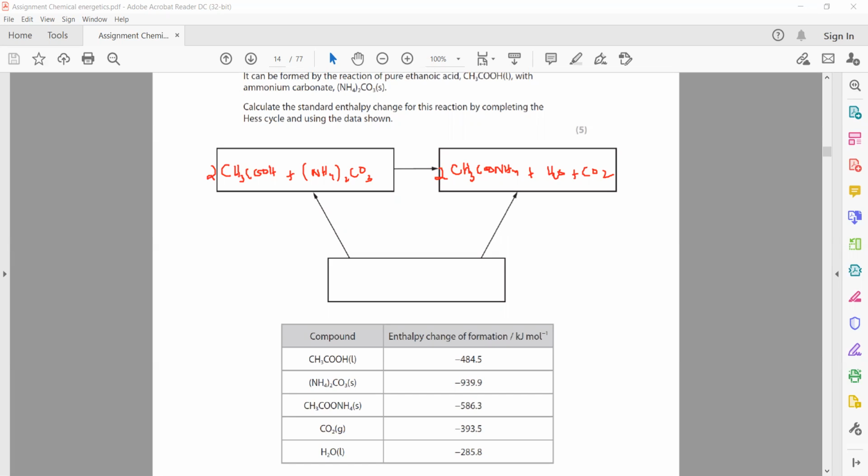Then we have to add a link for the elements. So what are the elements here for this reaction? We have nitrogen. How many nitrogen molecules do we need, because the element is in the standard state. The total number of nitrogen is 2, so we only need 2.